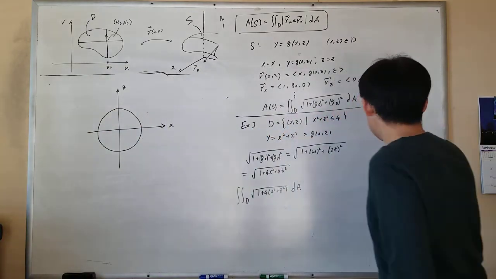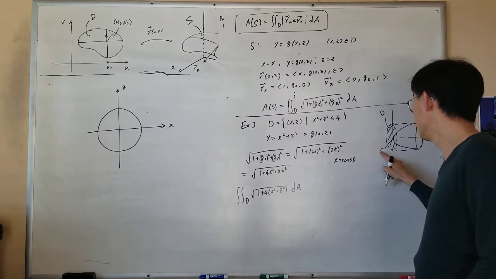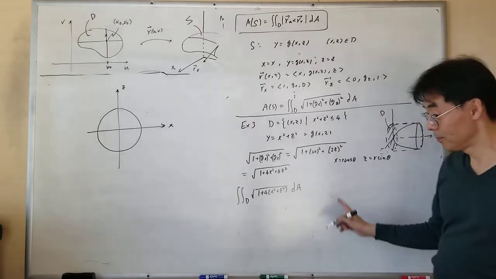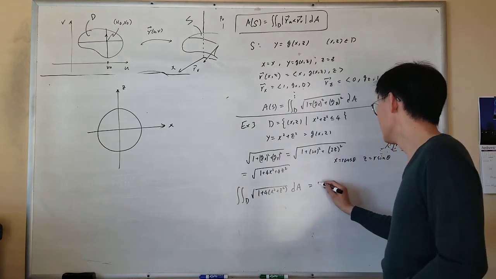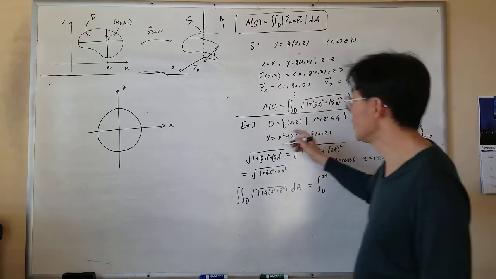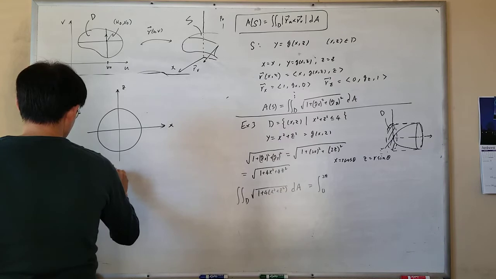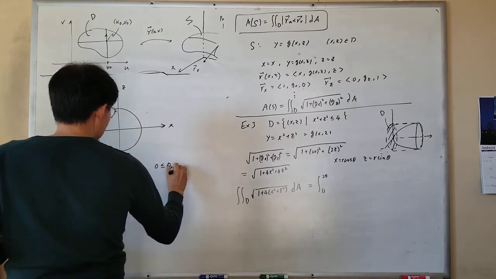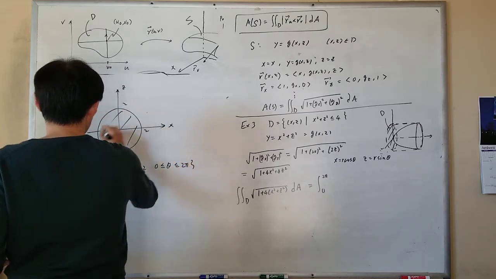Now, if we use polar coordinates, x equals r cosine theta and z equals r sine theta, your domain D can be written as r between 0 and 2, theta between 0 and 2 pi, inside the circle of radius 2.